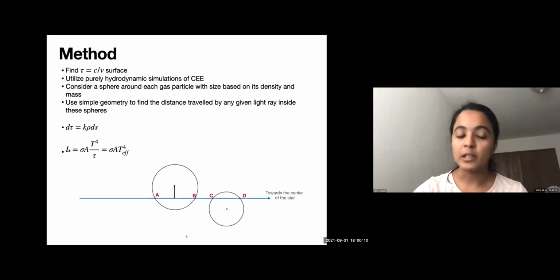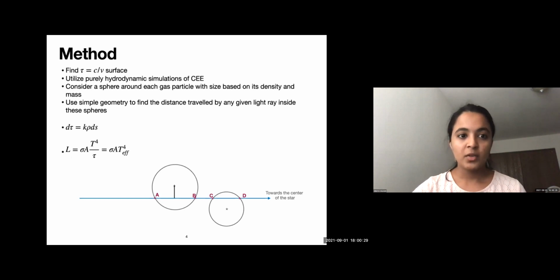And from that, we can get the luminosity. In principle, we should be using Voronoi cells from the simulation instead of these spheres, but this approximation works because the Voronoi cells in the moving mesh simulation that we're using are close to spherical.